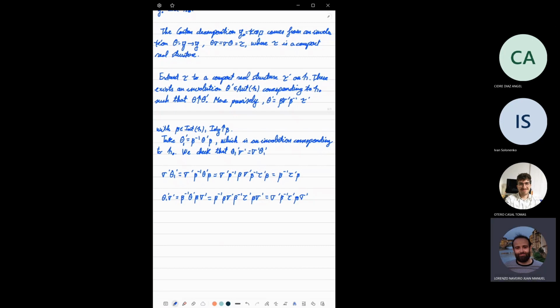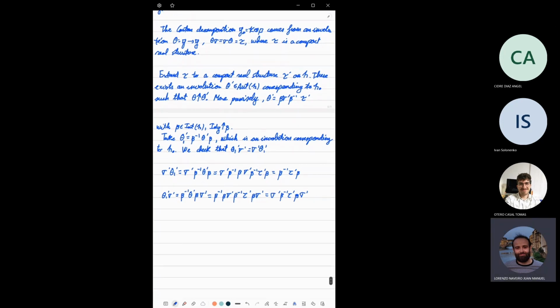But this is direct from the fact that theta prime does commute with tau. So let me write it just for clarity's sake. To note that theta prime tau prime is equal to tau prime theta prime, and by writing this out, it should follow.